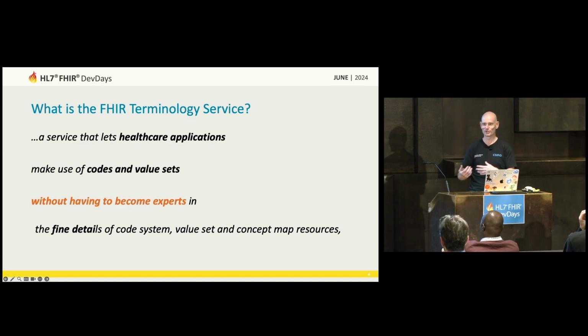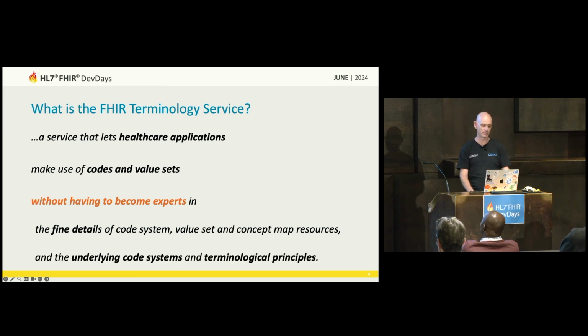You can get into a lot of detail, and I've got another session after this which does get into some of the more esoteric parts. But the services are supposed to mean you don't have to become an expert in those things to be able to use them and do what you need to do. And probably the last one is not having to become an expert in the underlying code systems and terminological principles, which can get quite complex, particularly with SNOMED CT, which is probably one of the most complex.